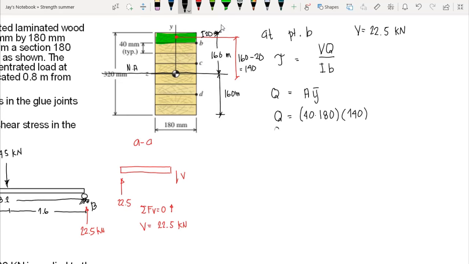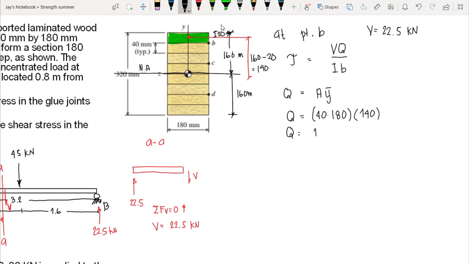Q here is equal to 1,008,000. Now the area is in millimeter squared, our barred Y is in millimeter, so the unit is millimeter cube. That's our Q, so we can now use this value in our formula.